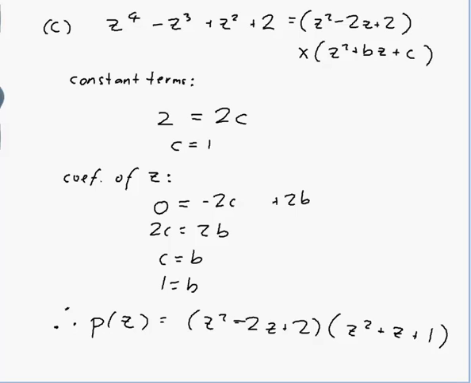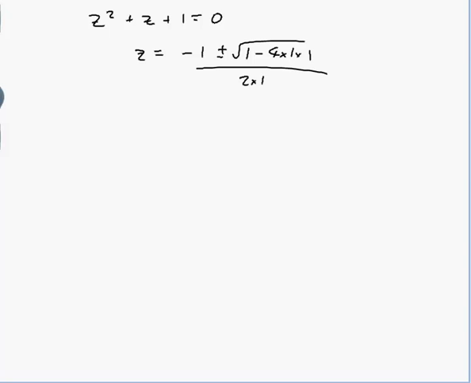Let me make a new page. So what I actually want to do is solve this. z squared plus z plus 1 is 0. And I'd have to use a quadratic formula, I think, because I can't see a way of factorising that. So z would be, let's see, minus b, so minus 1, plus or minus root b squared minus 4 times a times c over 2a.